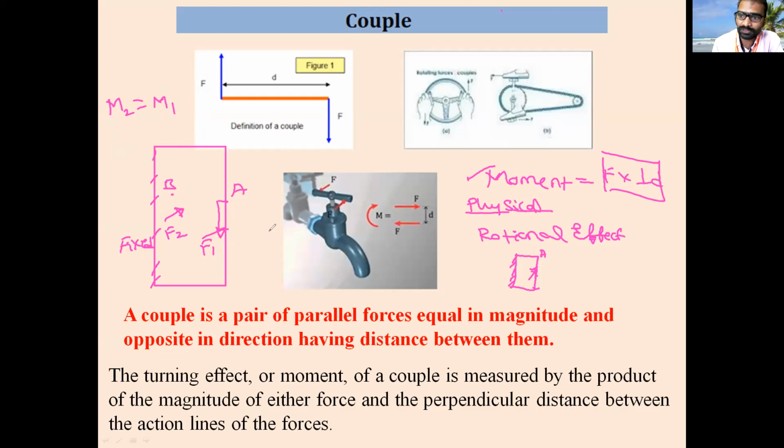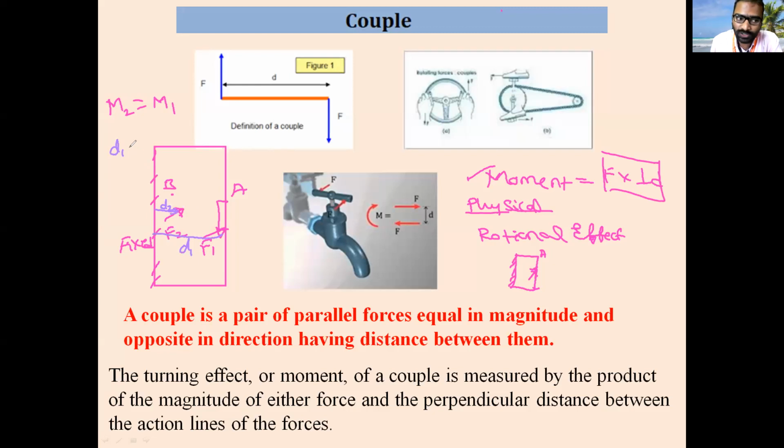Force F1 is not equal to force F2, because of the perpendicular distance. What is the perpendicular distance for the F1 force? From this point to this point, this is the perpendicular distance D1, and for the F2 force this is D2, correct? Which one is more, D1 or D2? D1 is more. If D1 is more, then F1 is less.